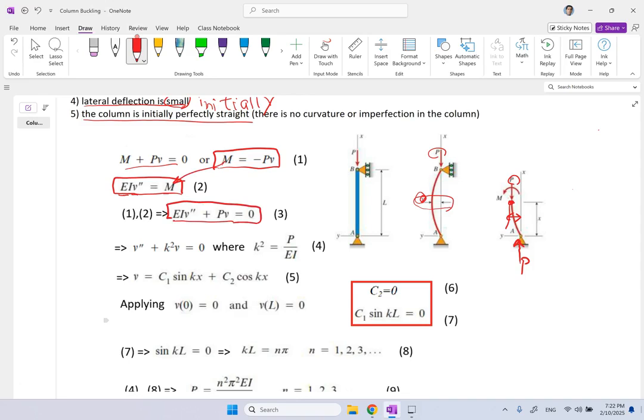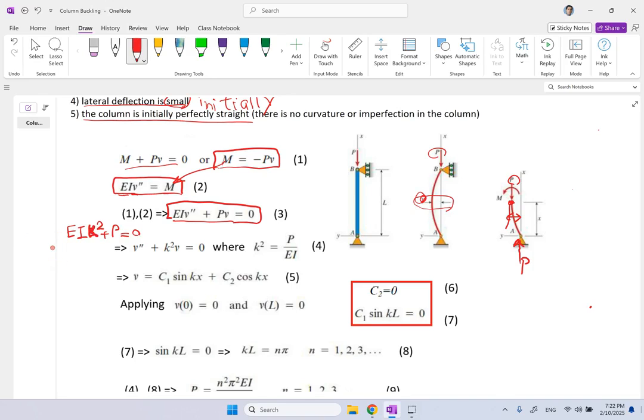EI nu double prime plus P nu equals 0, or V you might call it. Clearly, you see this is a second order linear differential equation with constant coefficients EI and P. And it's homogeneous, so there is only a homogeneous solution. To find the homogeneous solution, we need to form the characteristic equation. In this case, it is going to be basically EI S squared plus P equals 0. In this case, instead of S, we called it K, so it could be K squared.